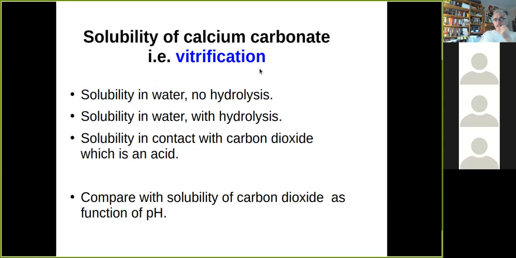The simplest case is to check the solubility in water and not taking care of any hydrolysis reactions. No reactions anyhow. Or possibly hydrolysis with water. Why not? Water is not a strong acid and neither a strong base, but at least it has minor acid-base properties.